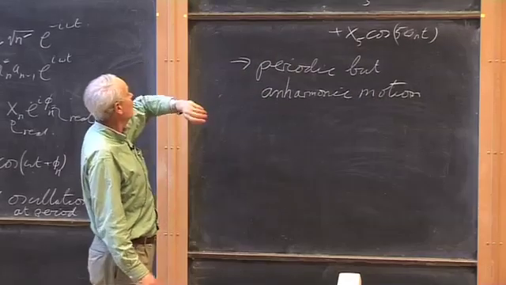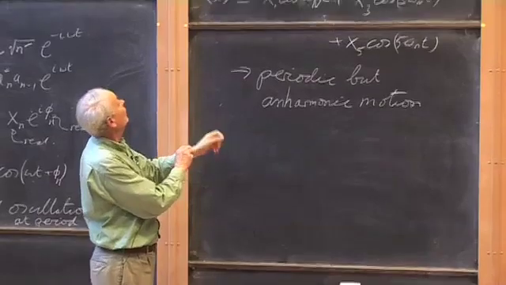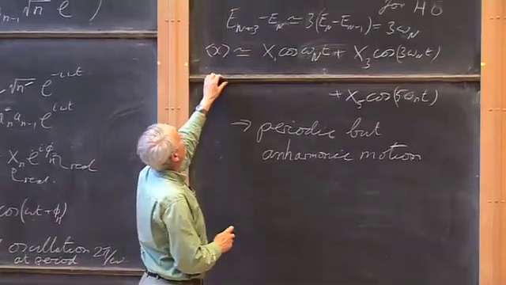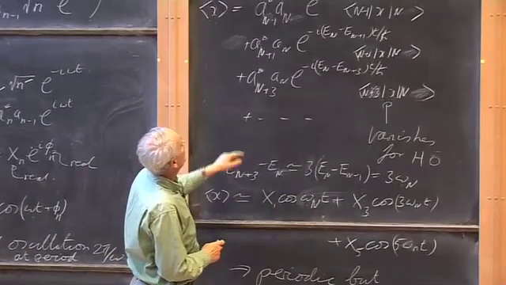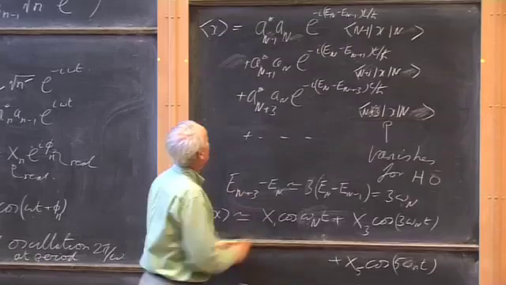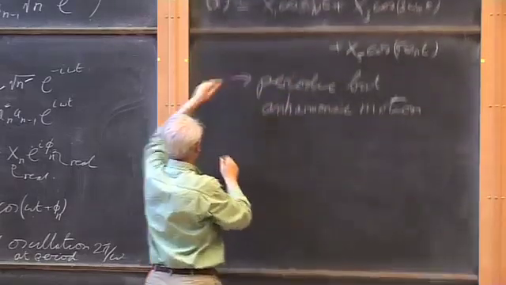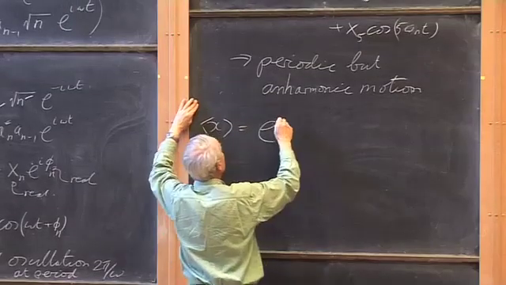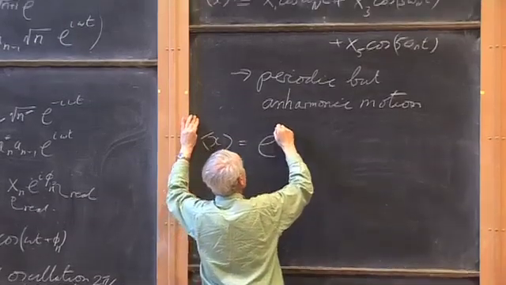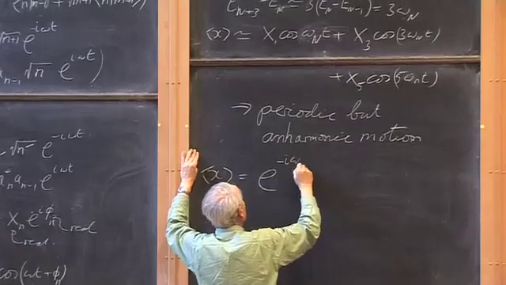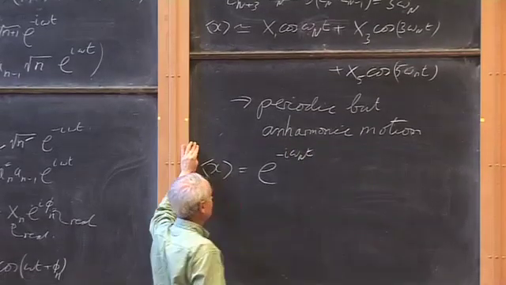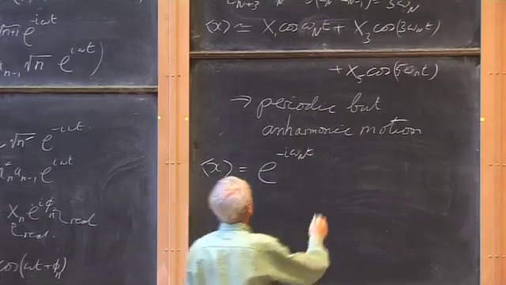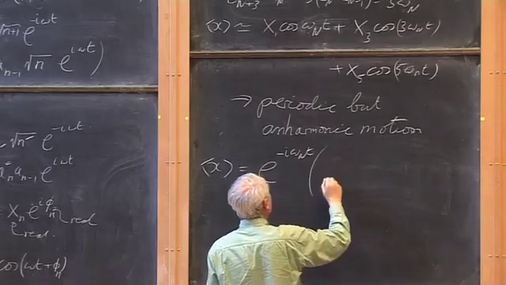But there's more that we can do here, which is connecting to classical physics. If we arrange this stuff, so this expectation value of x, we take out the leading term, e to the minus i omega n t.